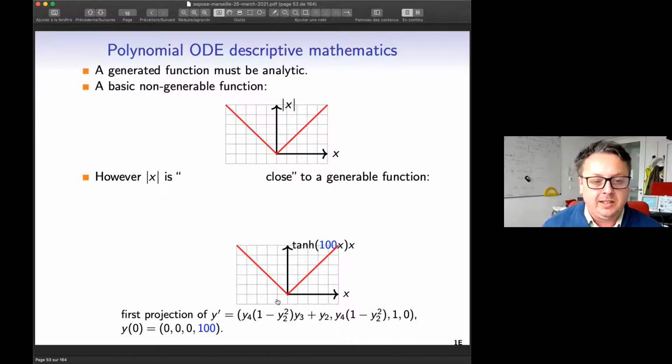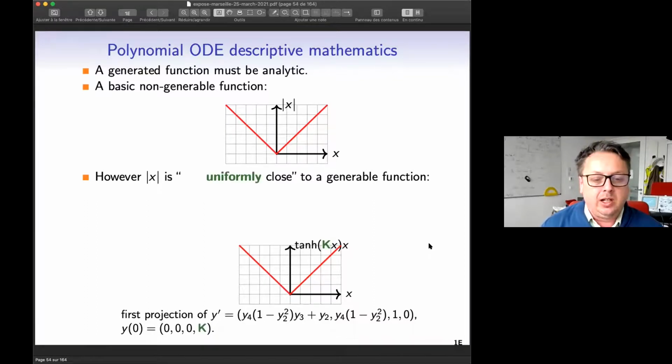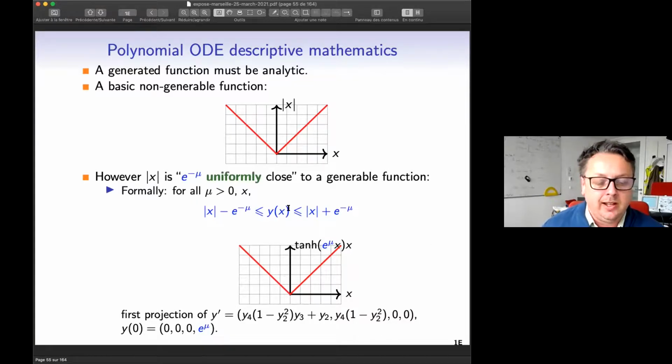And I think that at least with GNU plot on my screen, I don't see any difference between absolute value and this function. And actually, if you give me any precision mu, I could take some constant k big enough so that I would be sure that the error stays of order exponential minus mu to the absolute value.